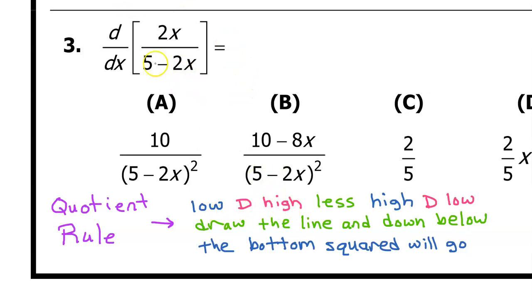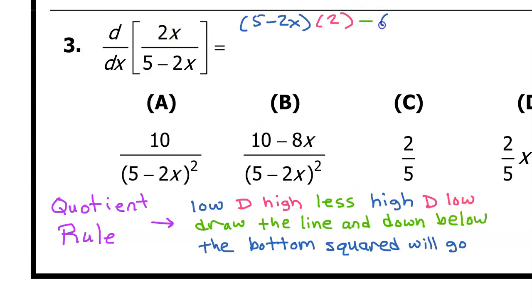Low D high. So low is 5 minus 2x. And then D high, so that's the derivative of 2x, which is just 2. So there's low D high. Less means subtraction. And then high D low.